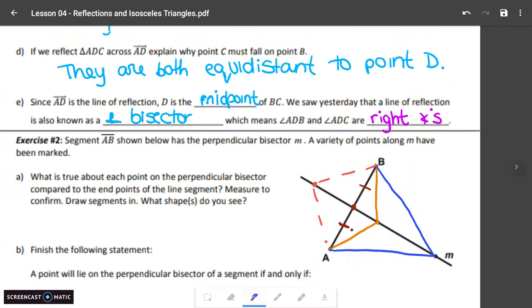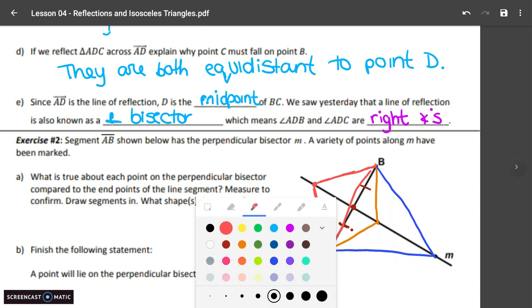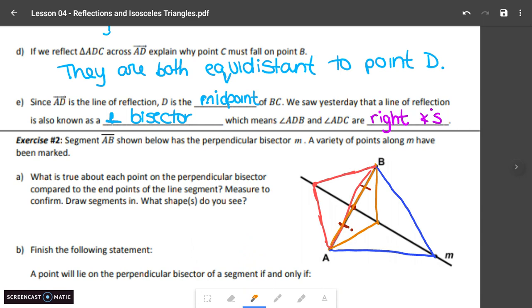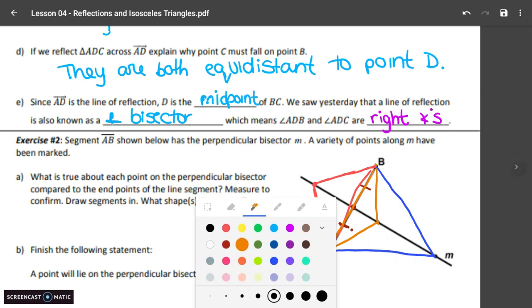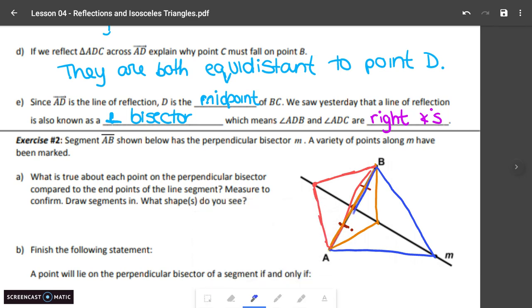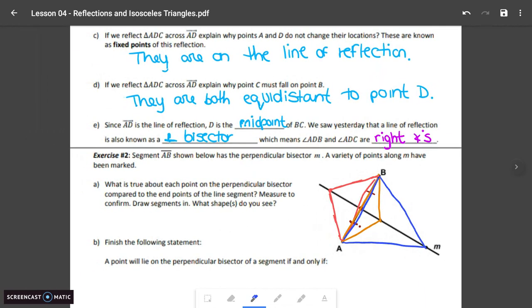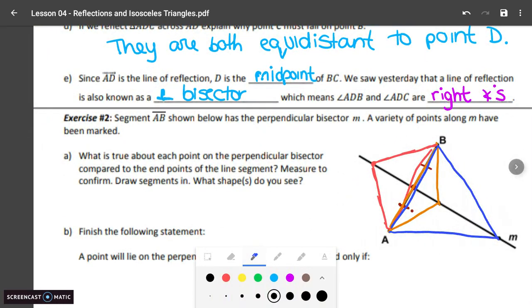And what they keep forming over and over again is, if these two sides are equal, it's going to form an isosceles triangle, just like here for the orange ones, and even with these blues. So all these points are going to be equidistant to the endpoints because they're along the line of reflection, this perpendicular bisector.